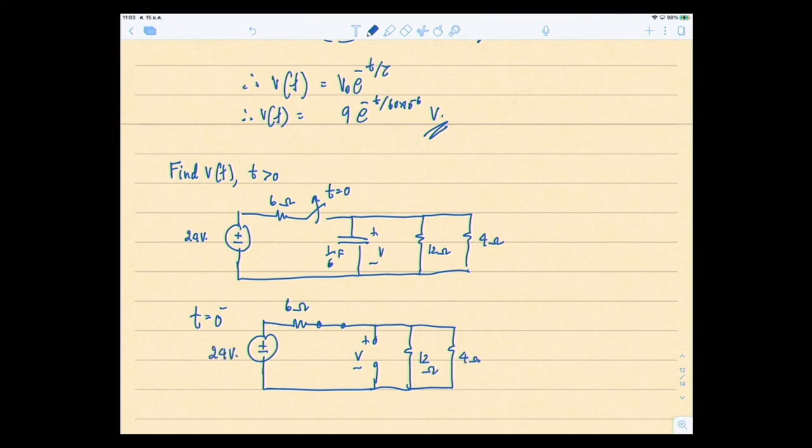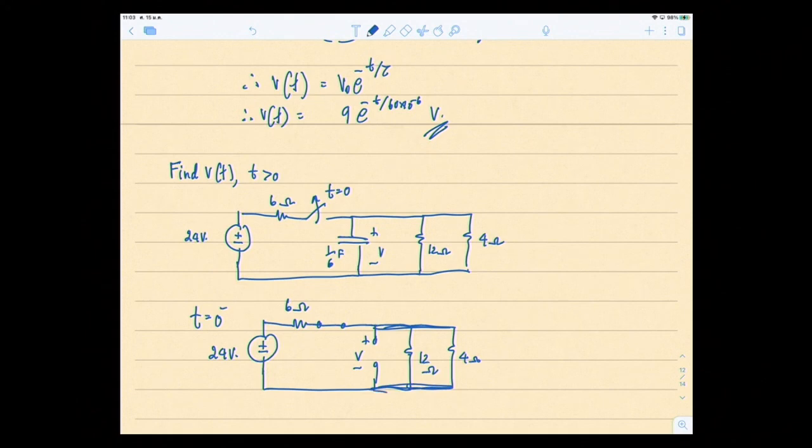So can you find V for me? You start. I'll give you a few seconds. Hopefully you realize that the voltage drop, you may look and say it's across the 12, but it's also across the 4 ohms because they are in parallel.